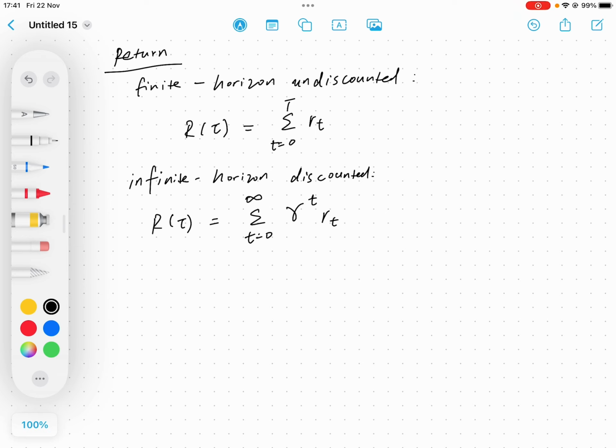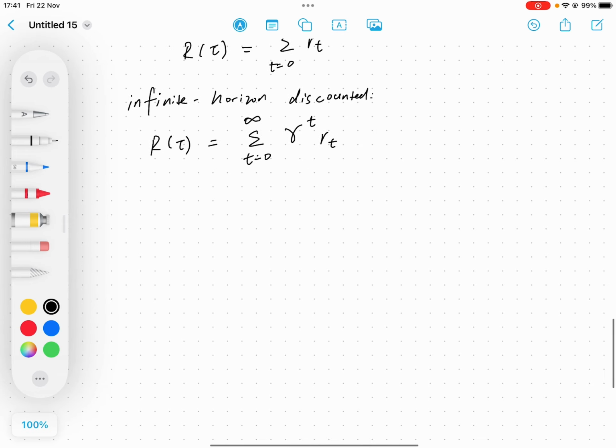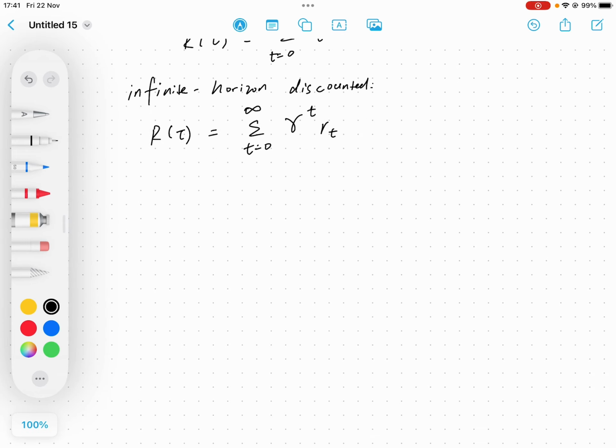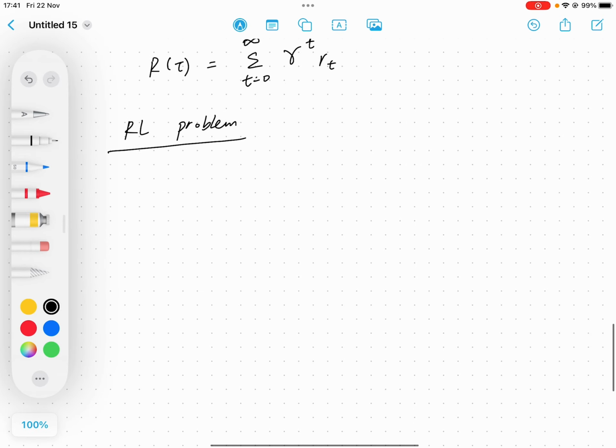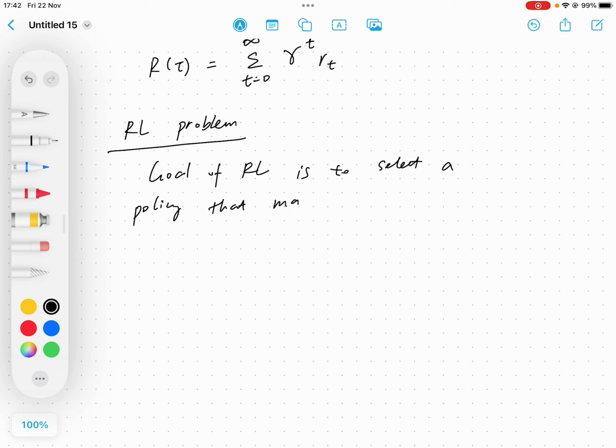So here we have all those essential parts that we can assemble to formulate the core problem in reinforcement learning, right? So the reinforcement learning problem will be, the goal of RL is to select some policy, and such policy has to maximize the expected return.